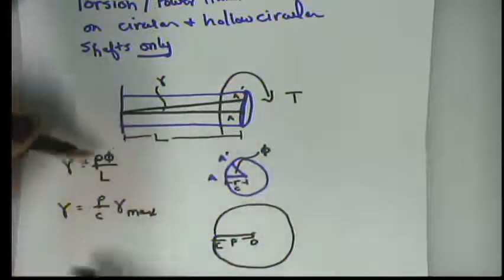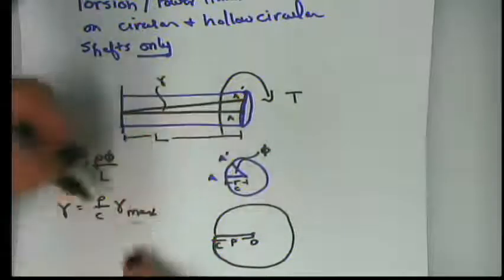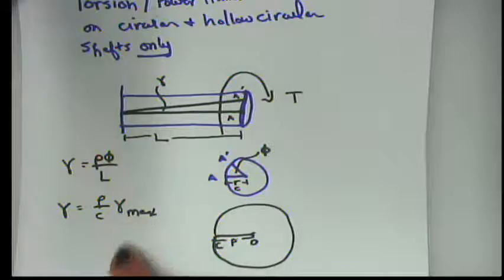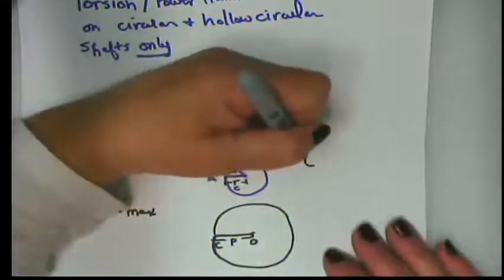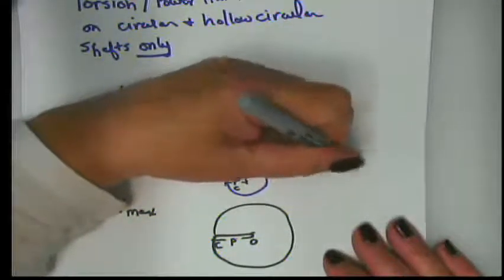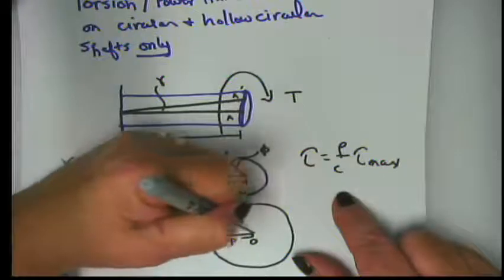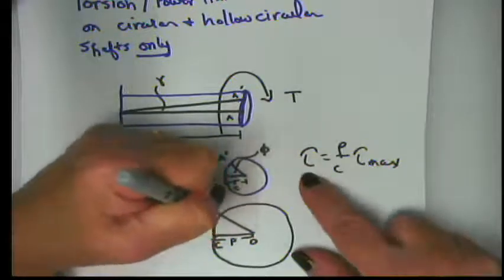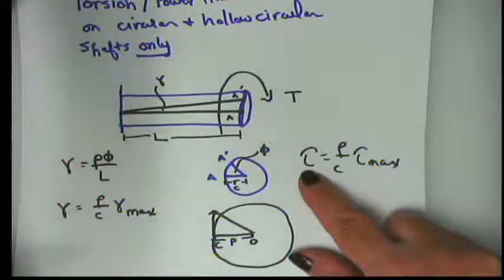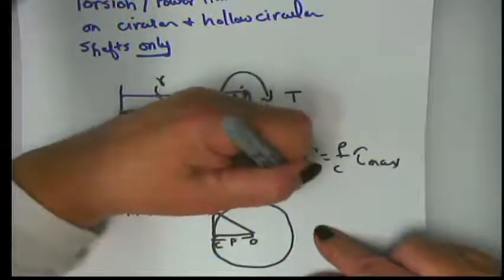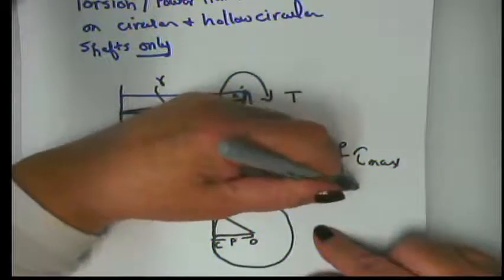So what that's basically saying is that, let me just write one more formula over here. Tau then is equal to rho over C times tau max. Okay? Now this is an important relationship because what we're really saying is that the tau, or shearing stress, is a linear function.